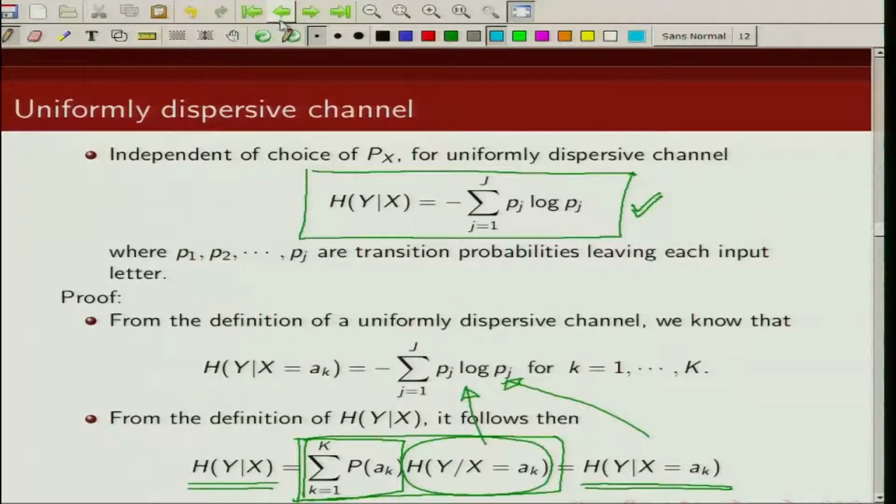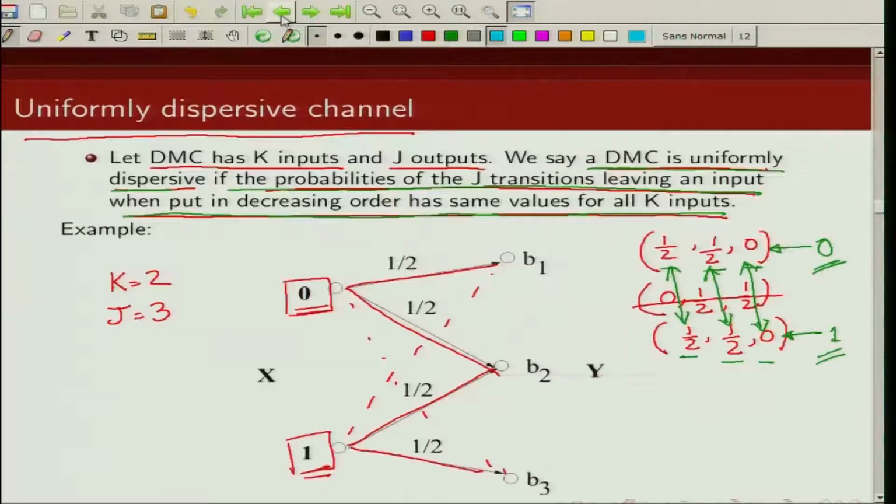Now let's go back and look at the example that we did. Is this a uniformly focusing channel? Let's look at B1. The transition from here is half, from this node there is no transition. For this node the transition probabilities are half and half, and for this node they are 0 and half.